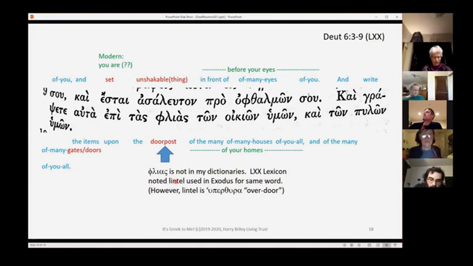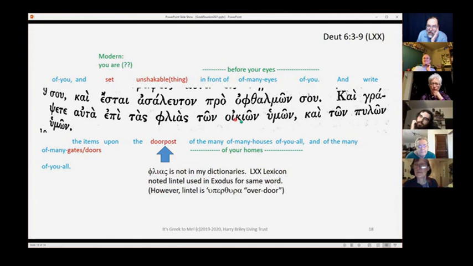The lexicon noted that the word lintel was used the same word, but in my dictionary, lintel is huperthura, which means over door. That makes sense. It's a lintel. This flias, I can't prove it, but it gets translated as doorpost. Ton okon humon, of many houses, of you all, and you can translate it as of your homes.